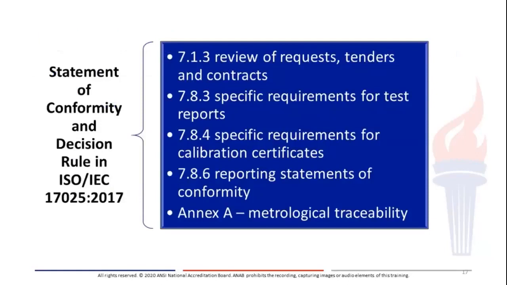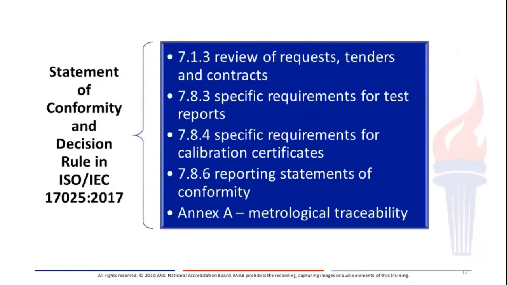These are the areas of 17025 that cover the statement of conformity and decision rules in the 2017 version. We talked about, and we'll dig into a little bit more, how 7.1.3 is significant to the overall process.